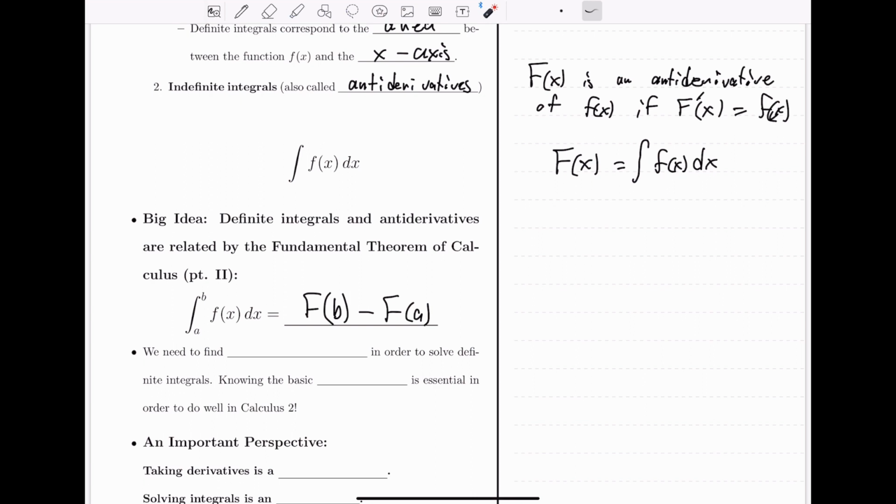It's a theorem that shows the relationship between definite integrals and antiderivatives. So this is an important concept. We need to find antiderivatives in order to solve definite integrals. And it's very important as we start Calculus 2 to know the basic integral rules. We will rely on a strong knowledge of the fundamental integration rules as we start looking at integration techniques.